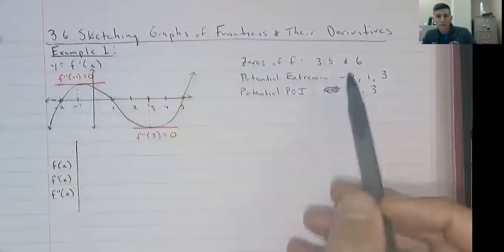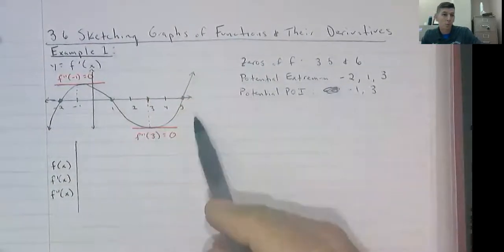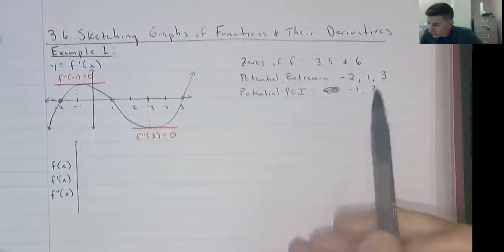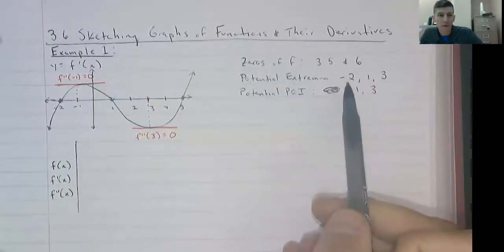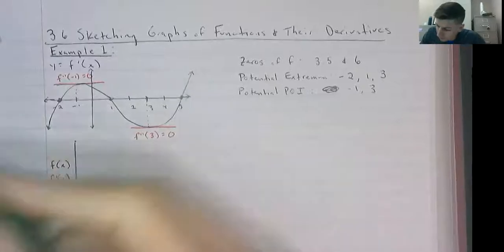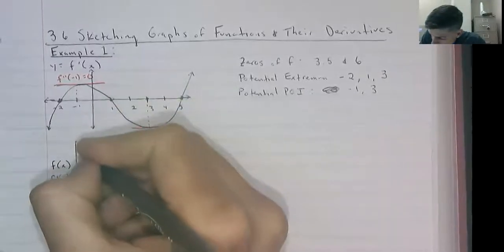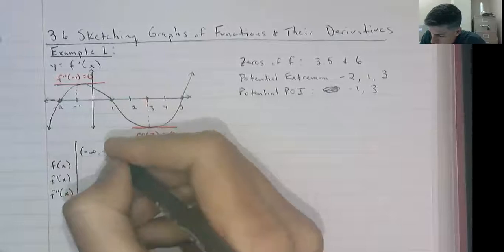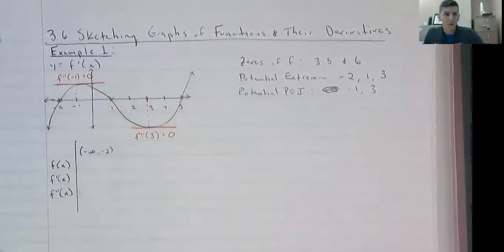And we're going to use these points to tell us which intervals we need to care about. The smallest number we see is -2 as our potential extremum, so we're first going to look at what happens from -infinity to -2 for all of these functions.